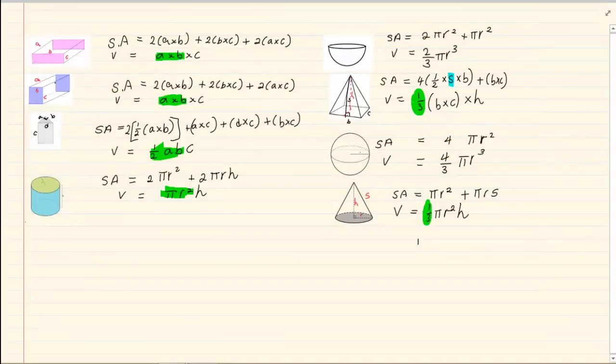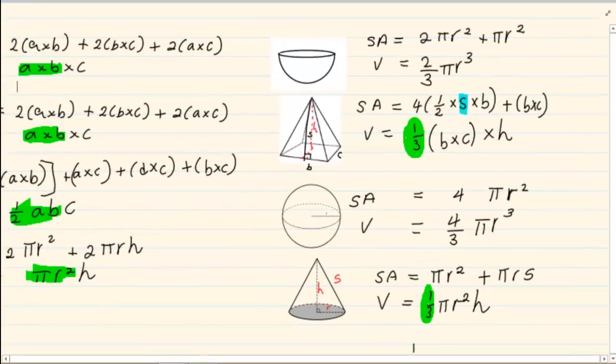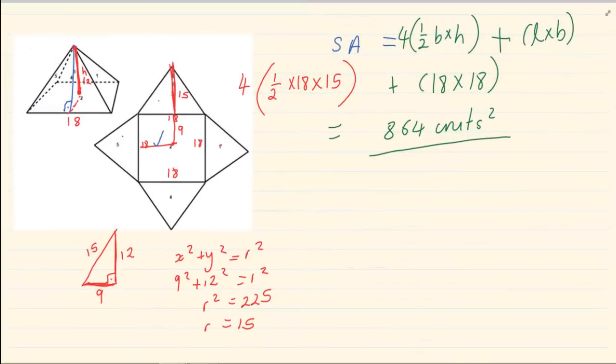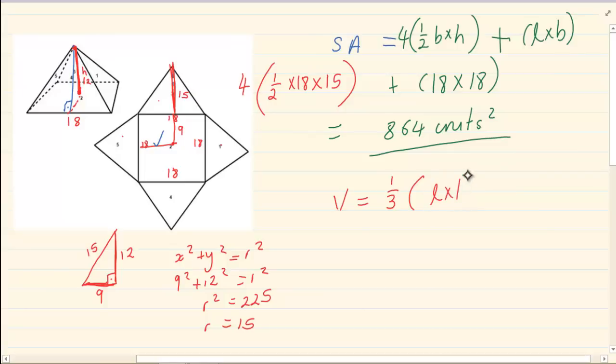But with a pyramid or a cone, what is specific is that it is a third, then it is base times perpendicular height. So if I am doing the volume of a pyramid, then it's going to be a third. And then what is the area of my base? In this case, length times breadth, because it's a square, times what is my perpendicular height.